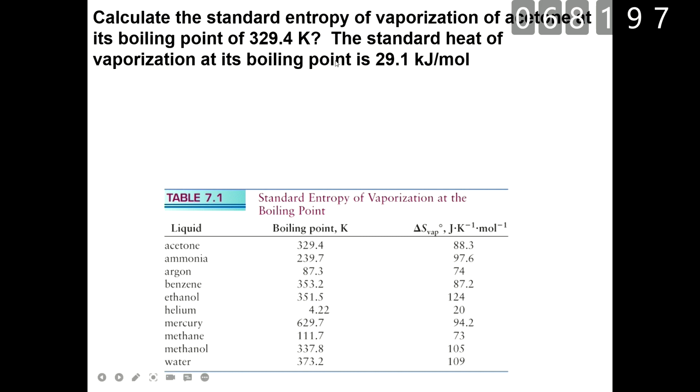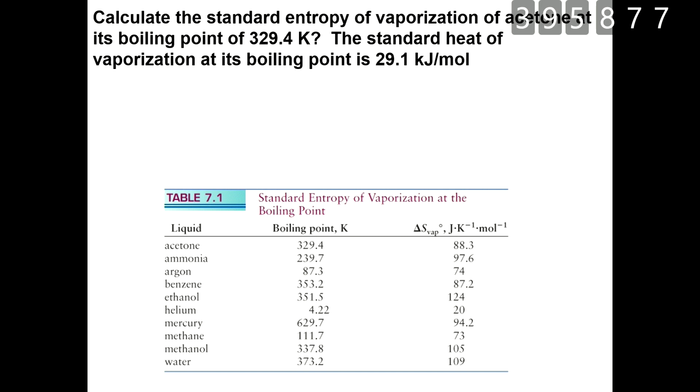So how do we calculate the entropy change during this process, when the acetone changes from liquid to gas at the boiling point? During this process the enthalpy change is this value, and the boiling point is this temperature.